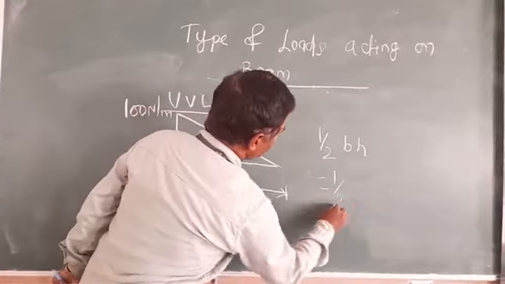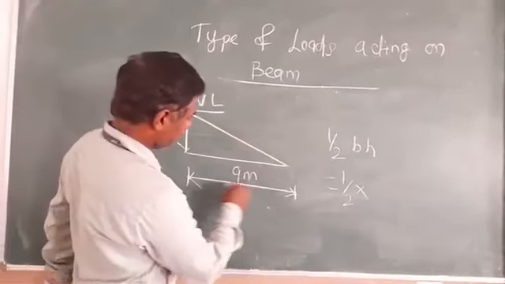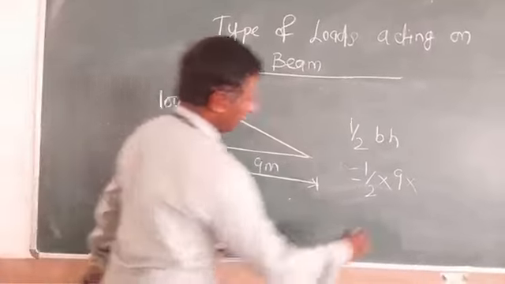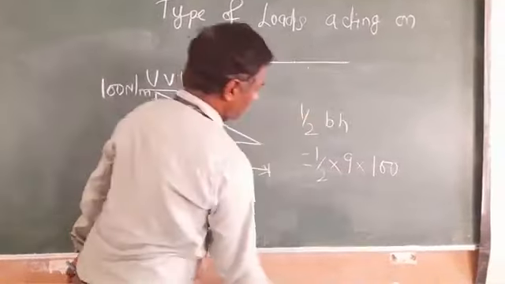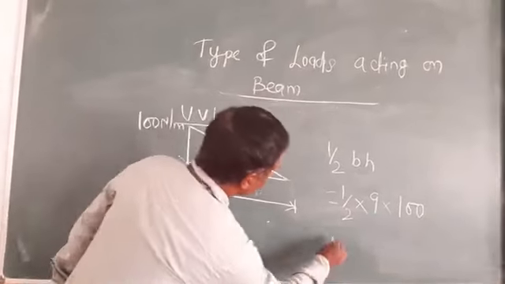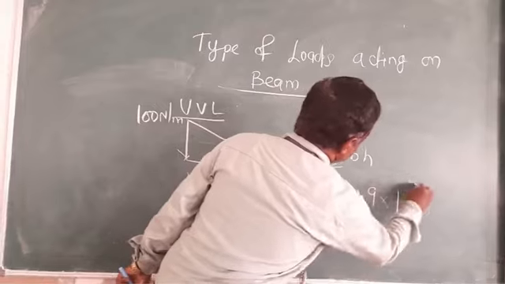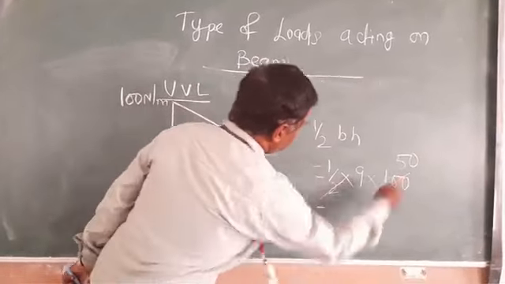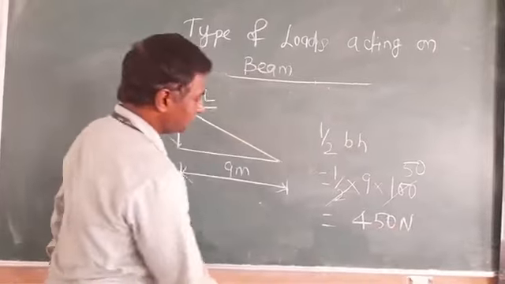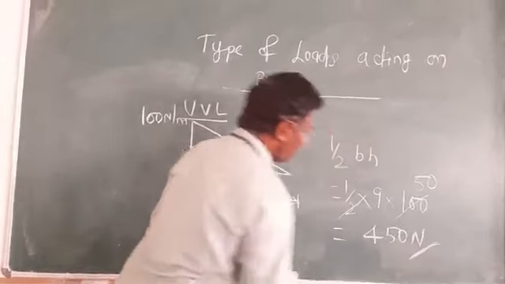So half into B, base is 9 meter and the height is 100 Newton per meter. Here Newton per meter into meter, so we will get Newton only. So finally, 450 Newton is the total load, which is considered as a point load.